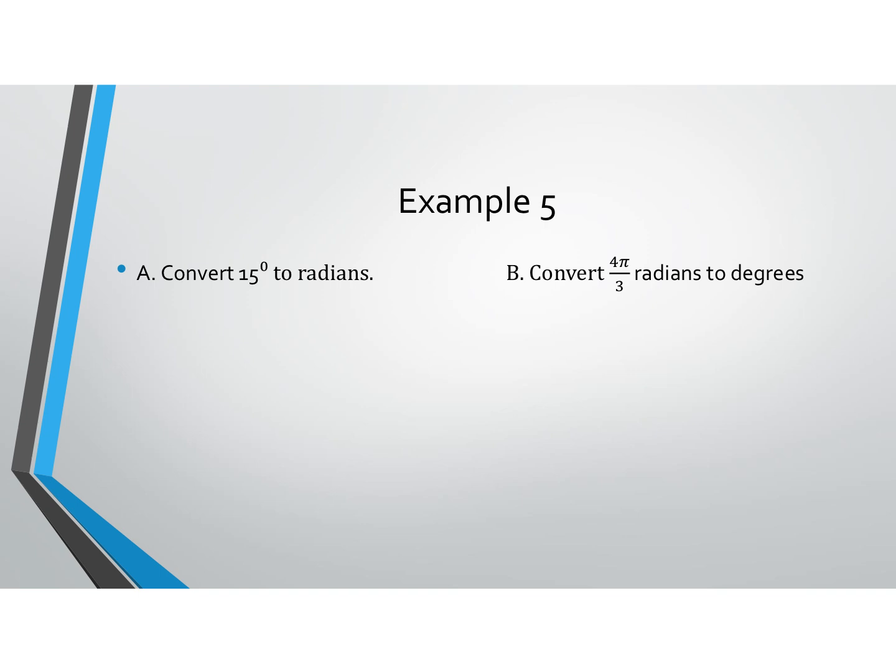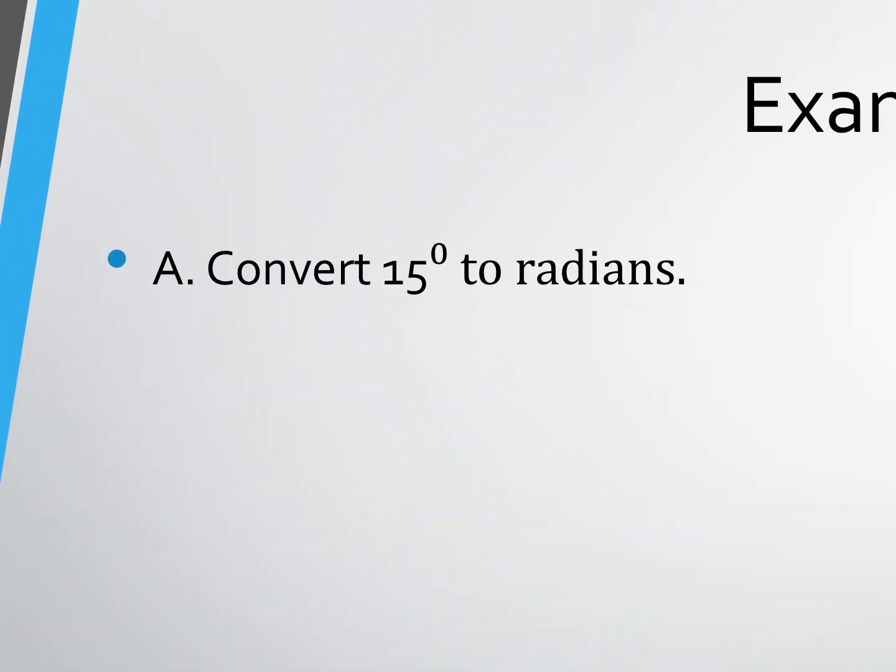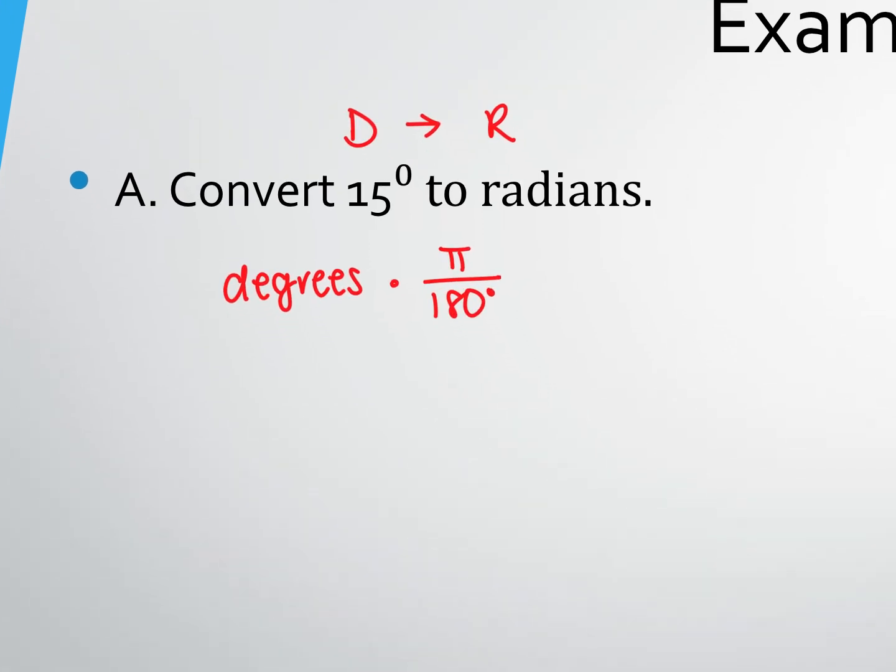All right, looking at these examples, they're asking me to convert degrees to radians. So I'm going from degrees to radians. I'm going to use my degrees times pi over 180. Plugging it in, they're giving me my degrees, 15 times pi over 180.